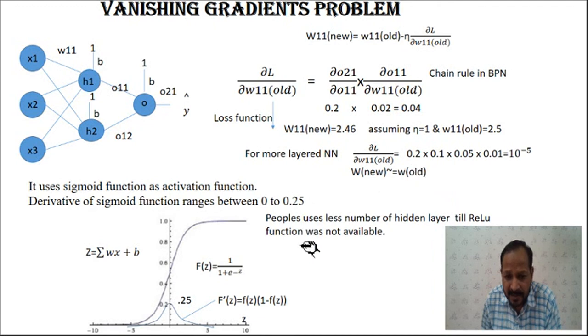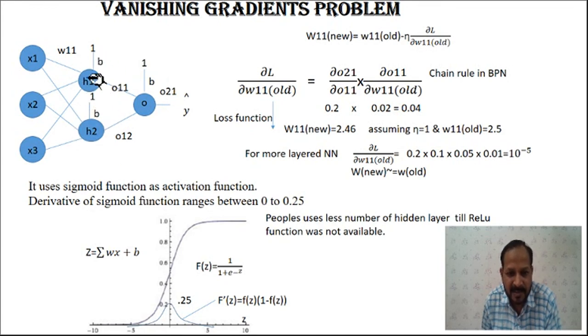So that's the reason why people used a smaller number of hidden layers until the ReLU function was available. Initially only the sigmoid function was available, and because of that you could not go for more hidden layers. So you cannot go for actual deep learning.